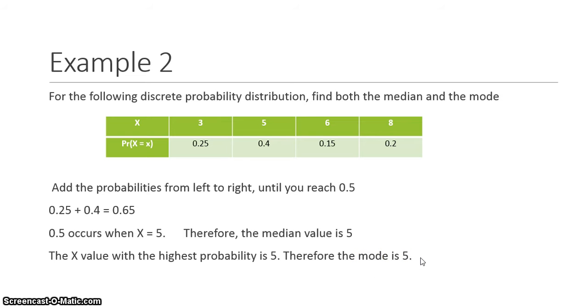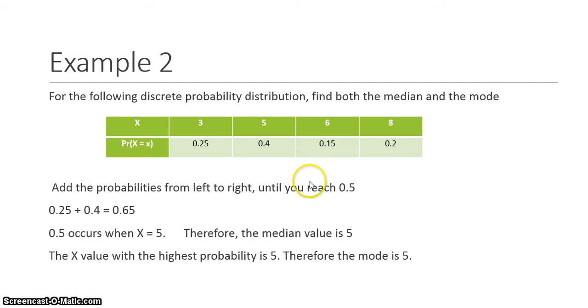So in summary, calculating the mean, the median and the mode. First of all, the mean. Simply take each value of x and multiply it by each of its associated probabilities and add them together. This will give you the mean or the expected value of x.